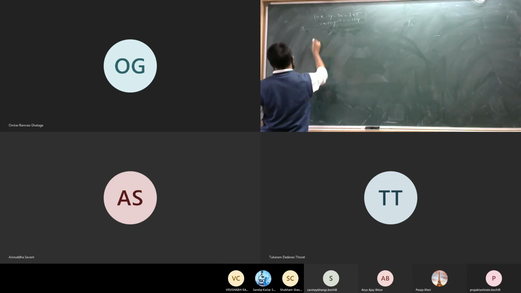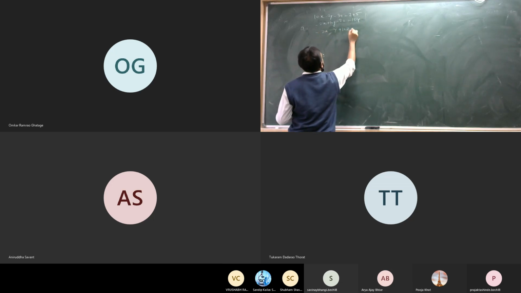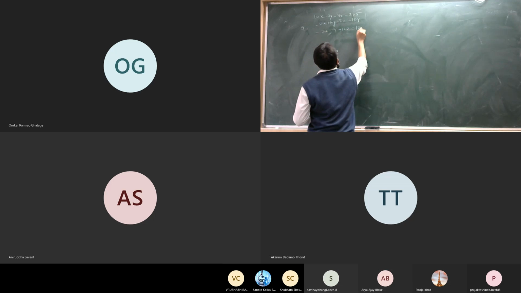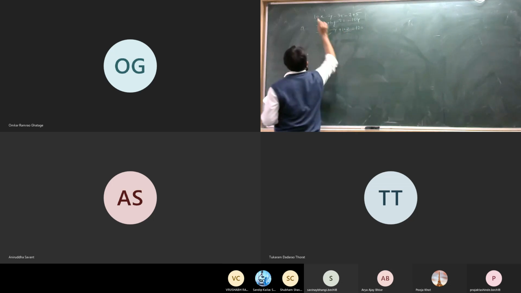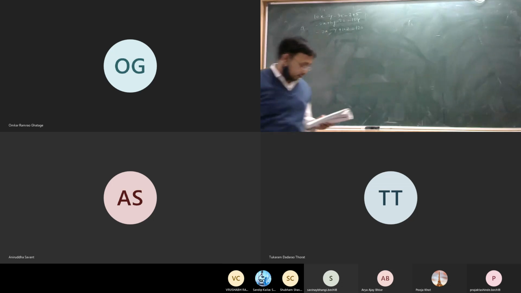Third one, again minus 2x minus y plus 10z is equal to 120. Obviously, at the diagonal position, the elements are maximum. I will check the equation.